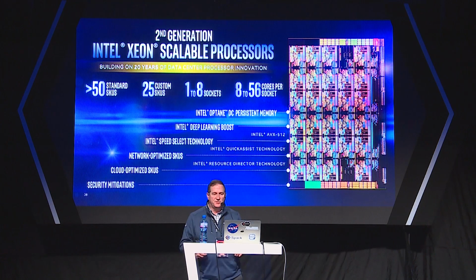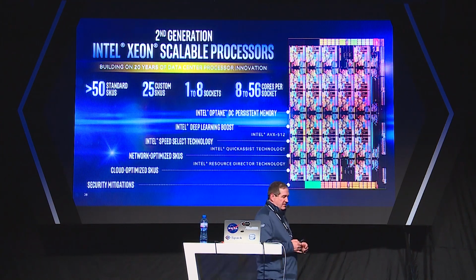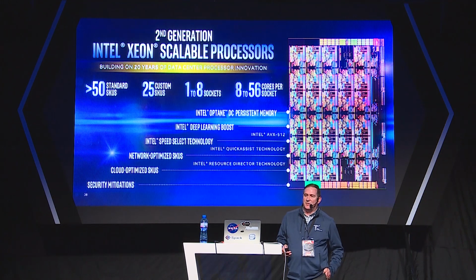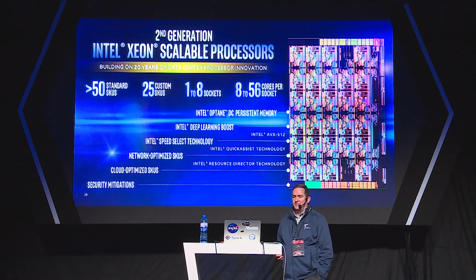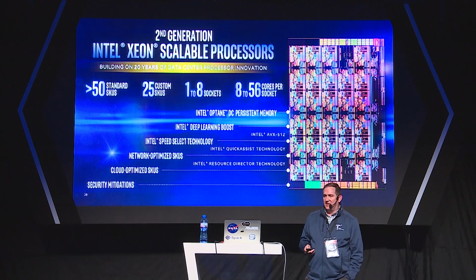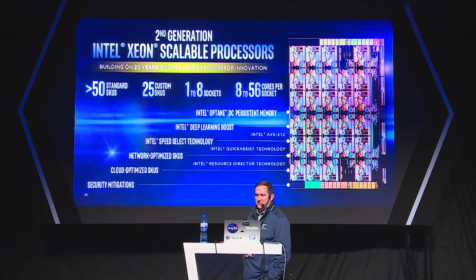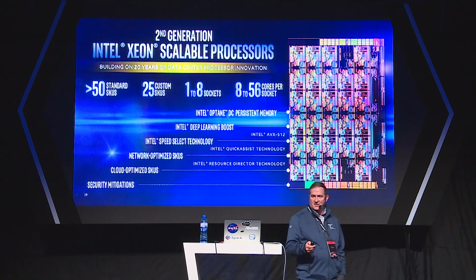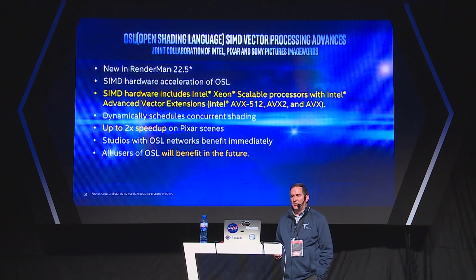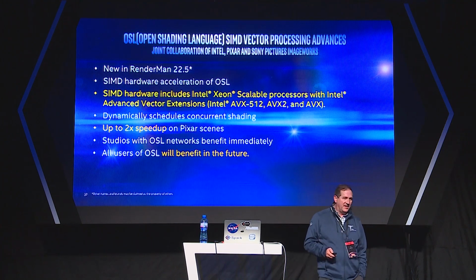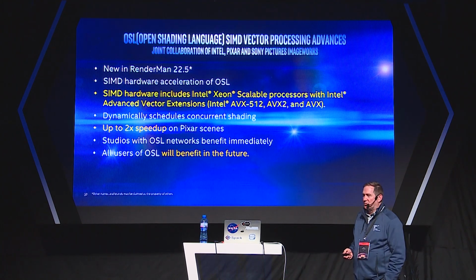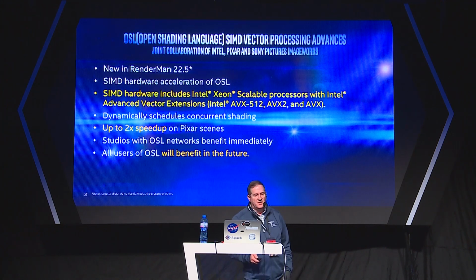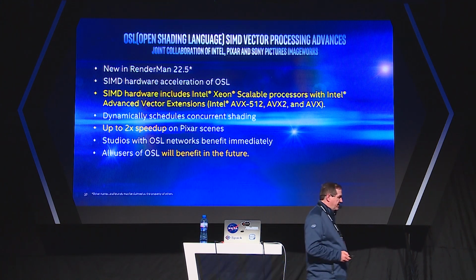And then Deep Learning Boost is the first Xeon, or first IA processor, to have vector instructions for deep learning, and that increases performance. All the other ones are cool technologies there. Real quickly, we're not all about just rendering. We do support shading, and we've done a lot of work to optimize Open Shading Language, particularly with Pixar and Sony.